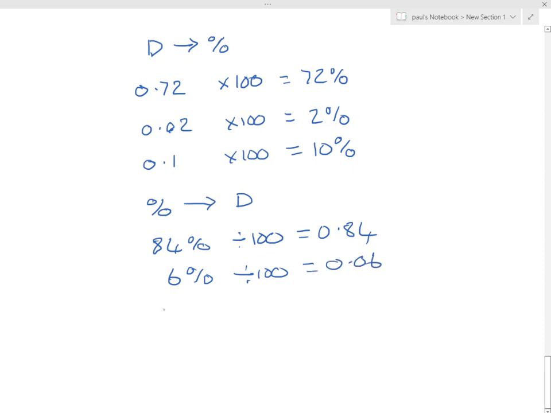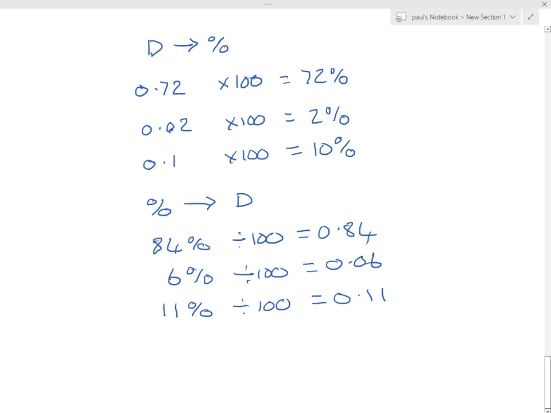And what are we going to have to do? 11% divide by 100 equals 0.11. So decimals to percentages, percentages to decimals.